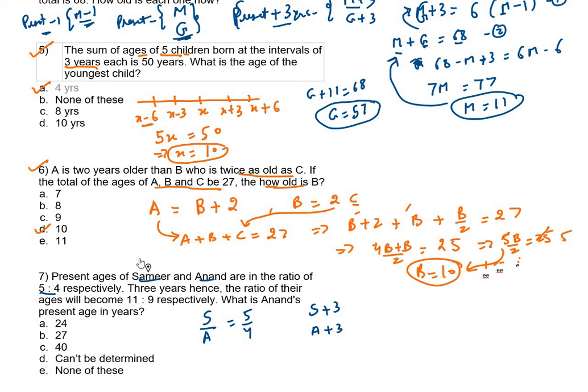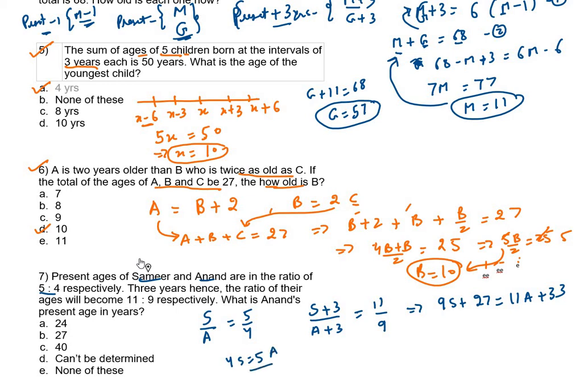The ratio of their ages will become 11 by 9. We have to find Anand's present age in years. Simple, 2 equations, 2 variables, we can easily find it. Let's simplify the second equation: 9S plus 27 equal to 11A plus 33, and from the first one we got 4S equal to 5A.